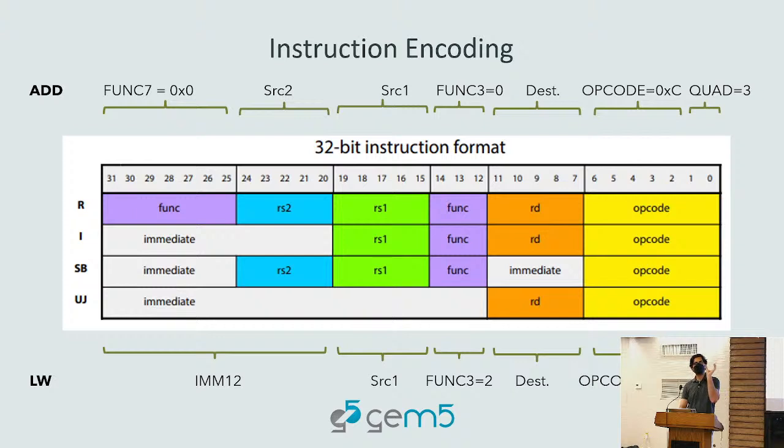The values of different fields in the instruction are as shown at the top of the slide. So the func7 field, which is the last 7 bits of the instruction, has to be 0. Then there are 5-bit fields for 2 source registers. Whatever is in those fields specifies which register number you want to access. And then the func3 field, which is a 3-bit field, has to be 0. And then you will have your destination register. And then in the top 7 bits, the opcode is the opcode.